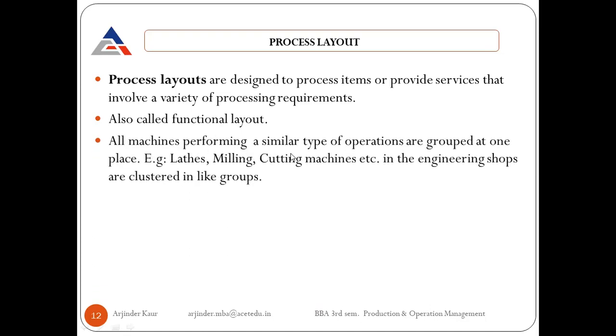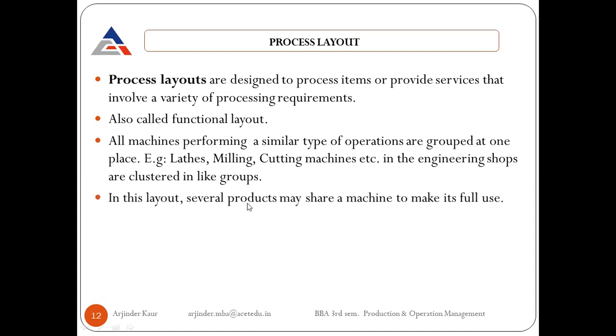All the machines that perform similar types of operations are grouped at one place, for example lathes, or milling or cutting machines. This is one set of machines that will perform similar tasks, and they can be arranged in one particular area. In engineering shops, machines are clustered in like groups. In this layout, several products may share a machine to make full use of it.